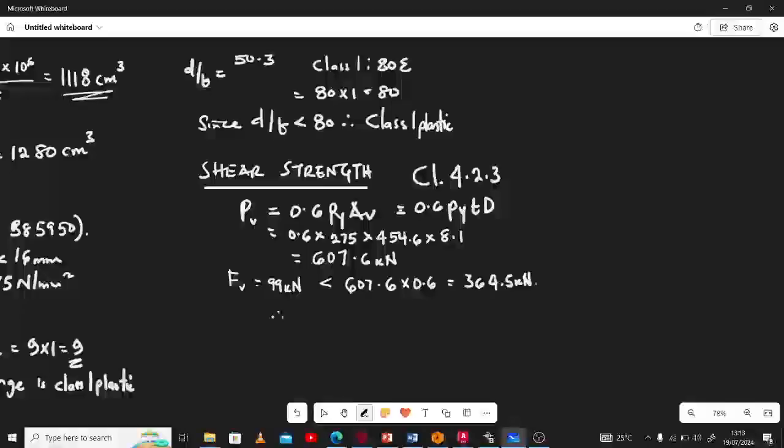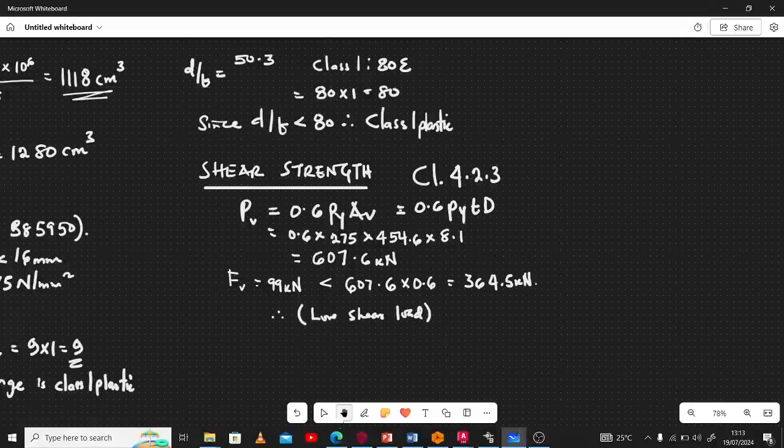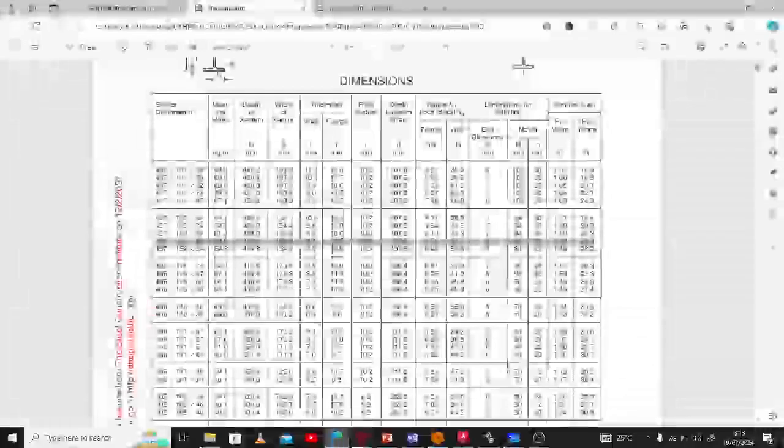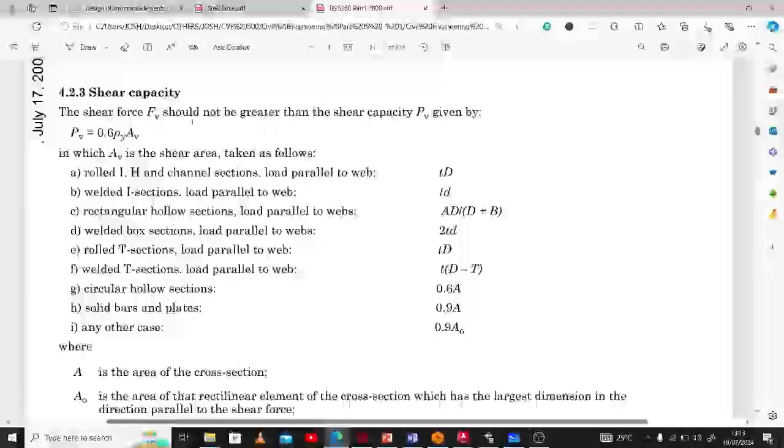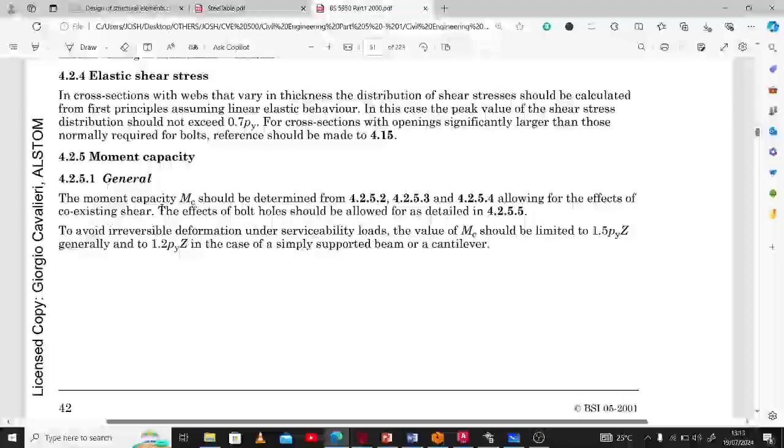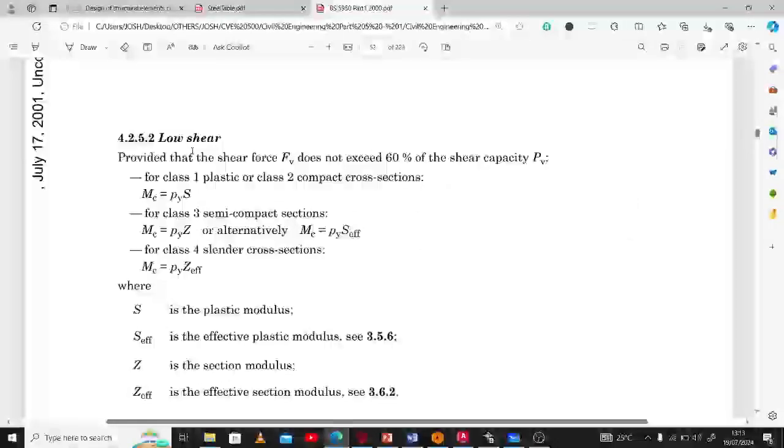So therefore, this is a low shear load. Reading through that clause, you discover that's exactly the recommendation: low shear load, provided that the shear force FV does not exceed 60% of the shear capacity PV.